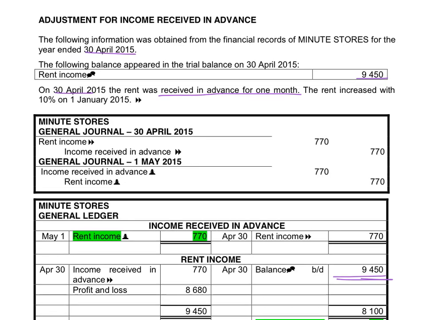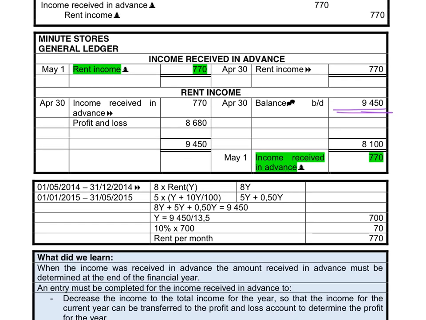So if we look at the calculation, from the 1st of May, the beginning of the financial year, up to the 31st of December was 8 months. In those 8 months, the rent was paid every month, so Y. So the amount that we received was 8Y.